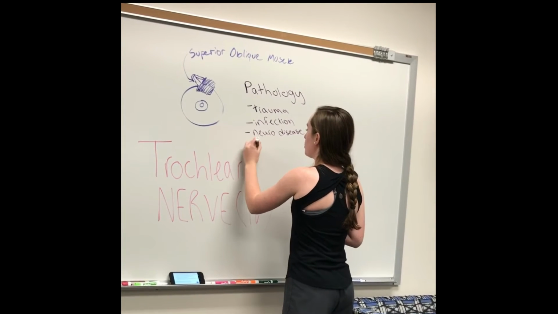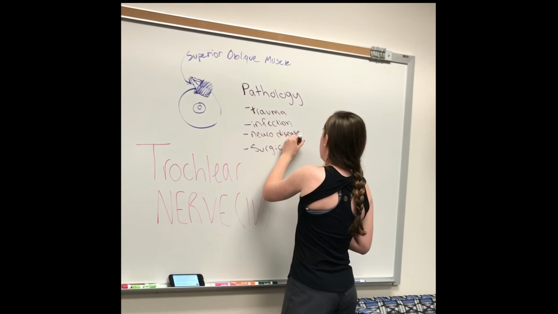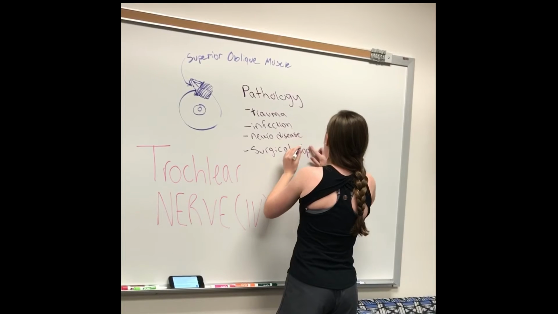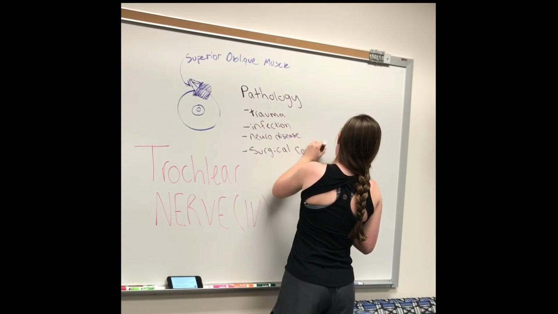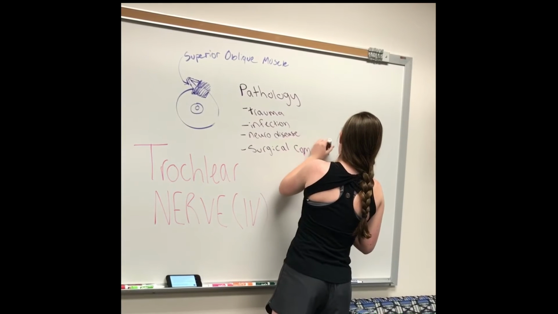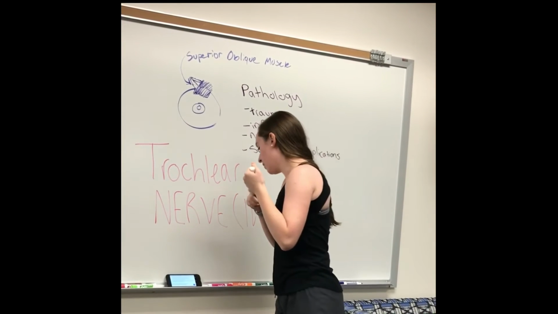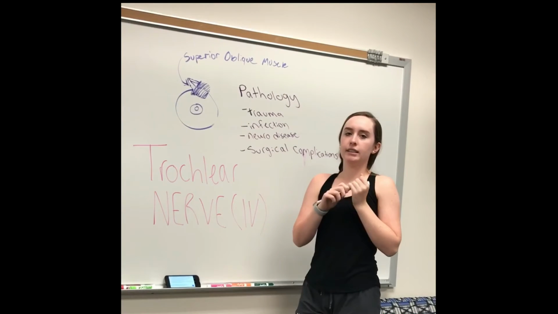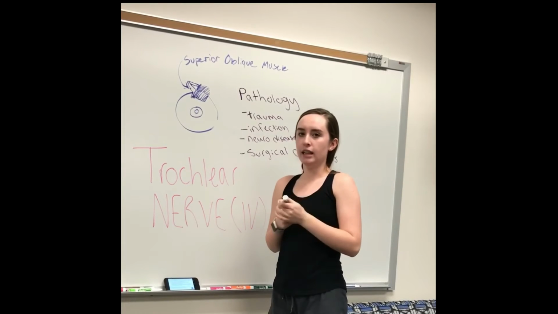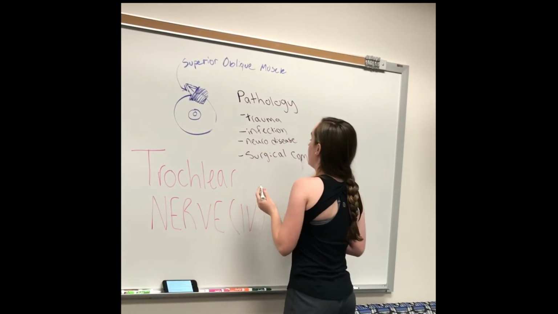Also, from surgical complications, if you have any kind of surgery to the eye or muscles around it, it could potentially impact the trochlear nerve. Okay, so basically, if there is a lesion or some kind of palsy of the trochlear nerve, what you'll see is the opposite eye is affected.